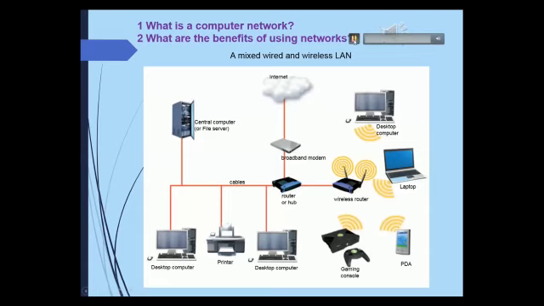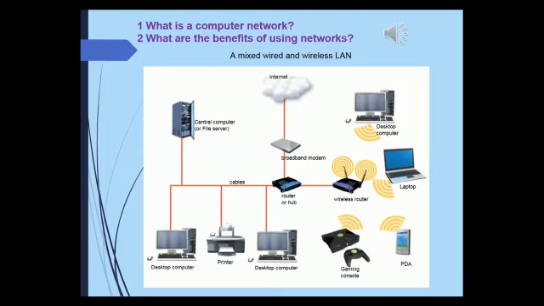Unit 28, Task 1. Let's begin by talking about small networks, which are called local area networks, or LANs. These are groups of computers within a small physical area, like a home or an office building. In this diagram, we see a mixed wired and wireless LAN, a typical solution for small businesses that already have a wired LAN and decide to expand it with wireless technologies to accommodate new needs.